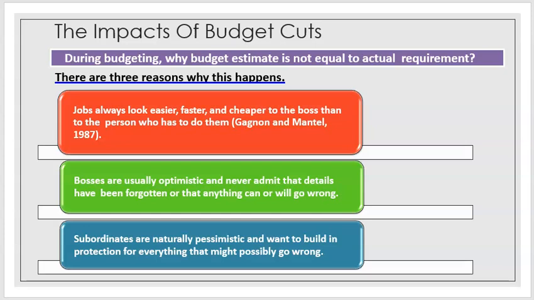The bosses are usually optimistic and never admit that details have been forgotten or that anything can or will go wrong. Subordinates are naturally pessimistic and want to build in protection for everything that might possibly go wrong. So the bosses have the best case scenarios, and the subordinates always have the worst case scenarios in their mind.